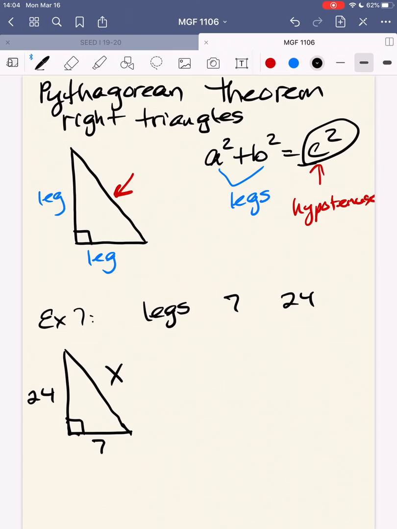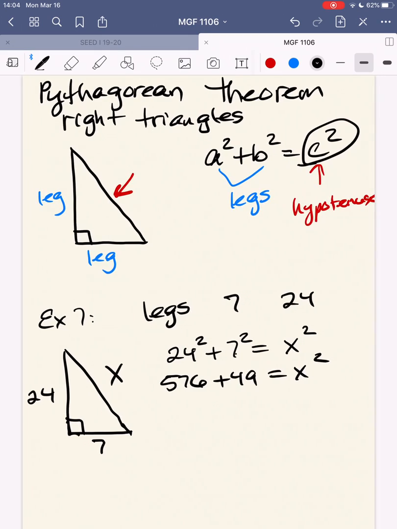Okay, so I have 24 squared plus 7 squared. It doesn't matter which one you use, they're interchangeable. You could do 7 squared first and 24 next, is equal to x squared, or my c squared. When I do the math for it, I have 576 plus 49 is equal to x squared.